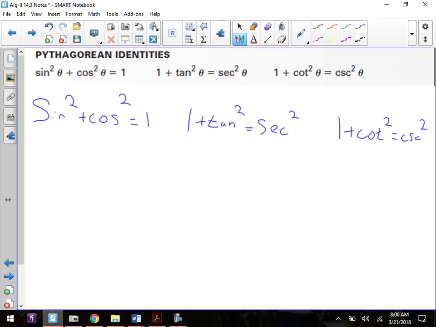What you can do with those 3 is manipulate to get sine squared by itself, cosine squared by itself, tangent squared by itself, or cotangent squared. There's a lot of little things you can do just by moving things around in the equations.